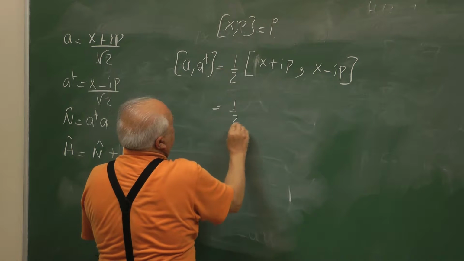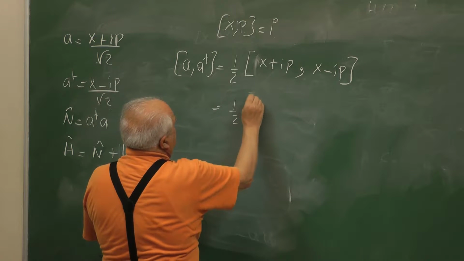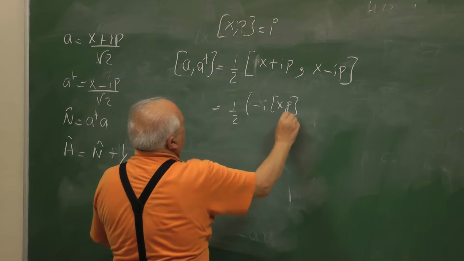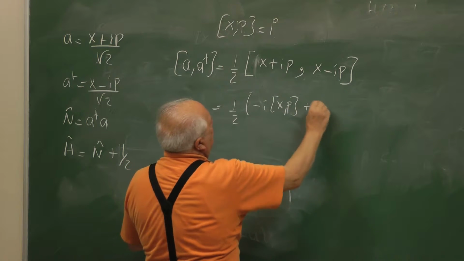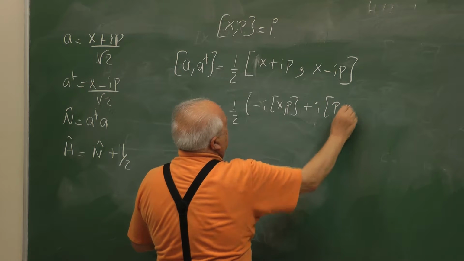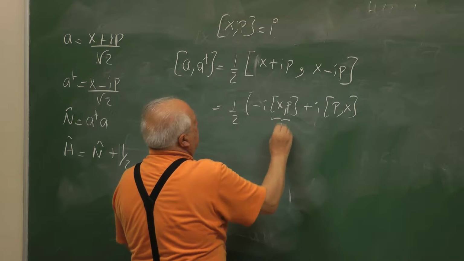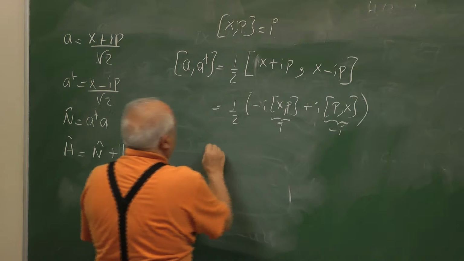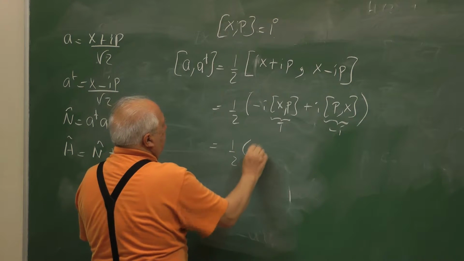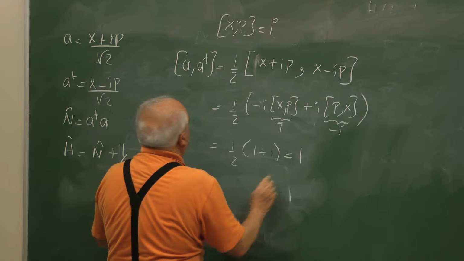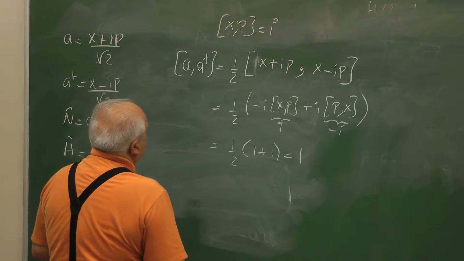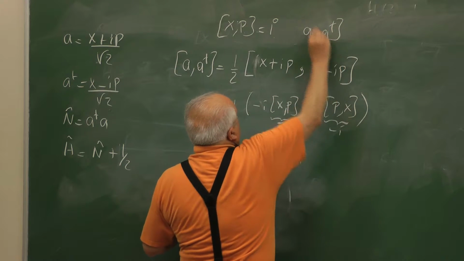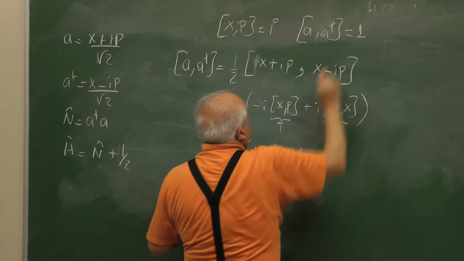Therefore, this is 1/2 times minus i times [x, p] plus i times [p, x]. This is i, this is minus i. Therefore, it is 1/2 times 1 plus 1, so the result is 1. So [a, a†] is equal to 1.